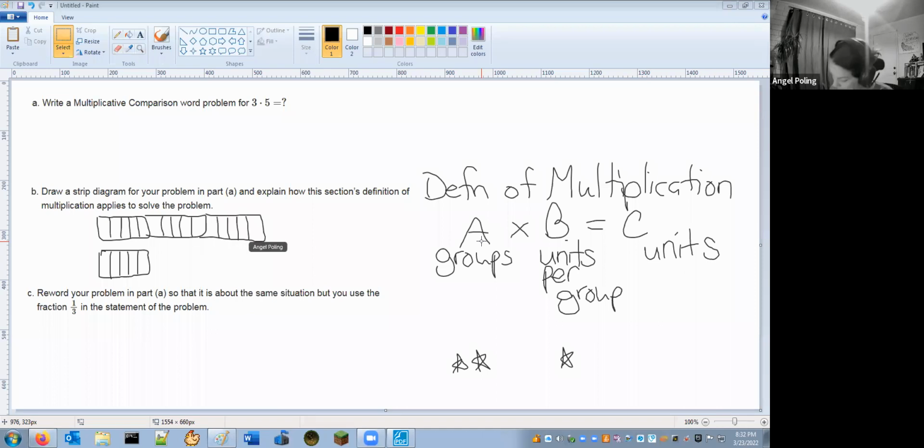Okay, so I'm going to darken this. And we could have used numbers here, right? We used more of a number line looking strip diagram, but we could have also just stuck a 5 inside of the box.